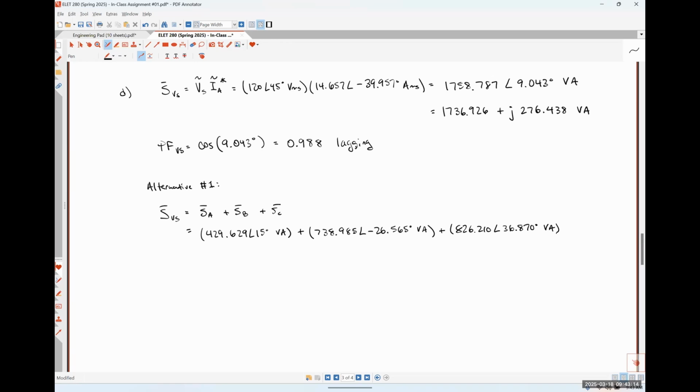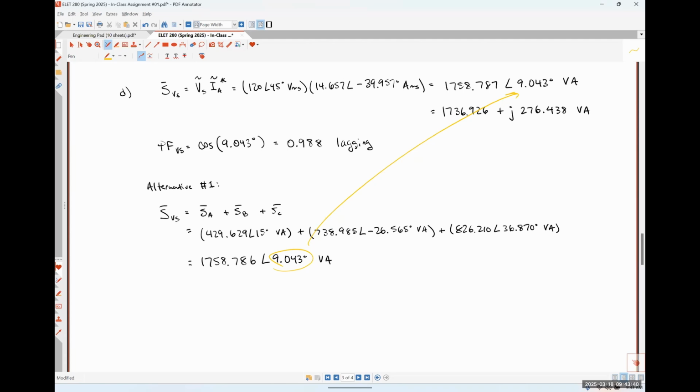When I added all those together, I got 1758.786 with an angle of 9.043 degrees. So this angle right here is literally the exact same thing. So we would obviously get the same result.